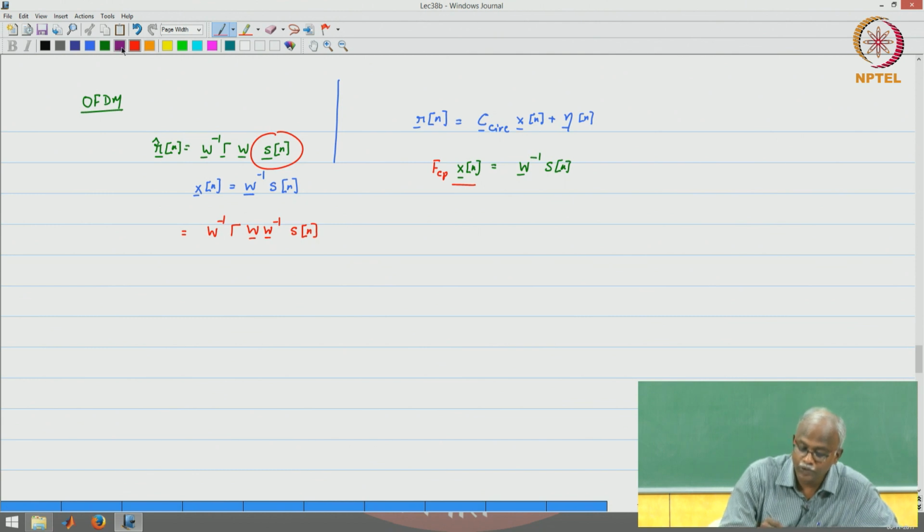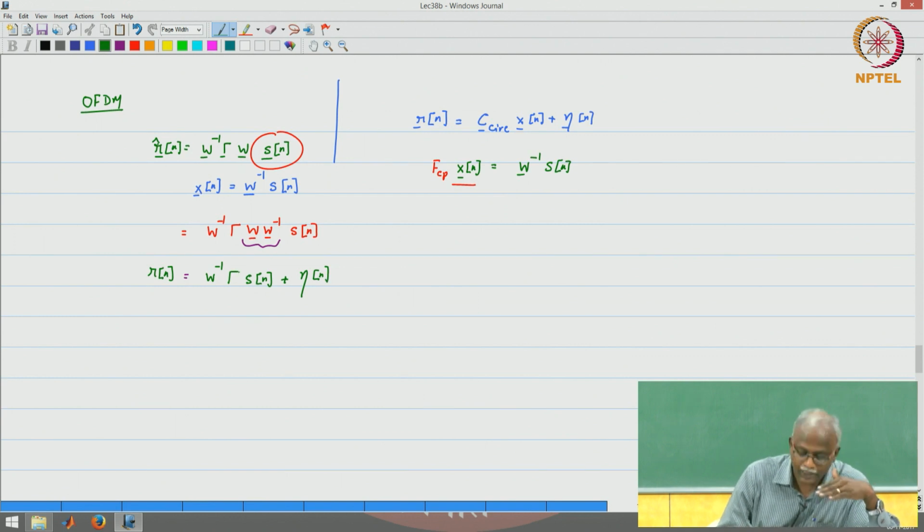So these two will cancel each other, and what we are left with is the equation R of n is equal to W inverse lambda times S of n plus eta of n.